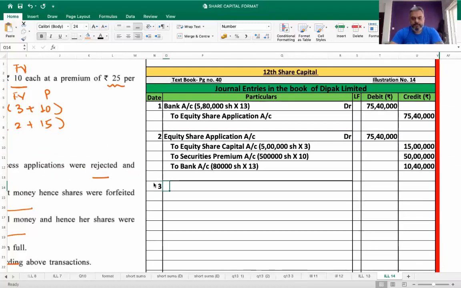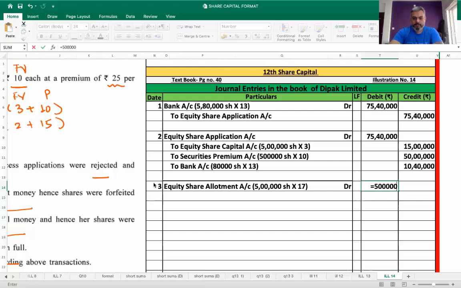Third, equity share allotment account. Now 5 lakh shares into rupees 17 per share is what we called on allotment. 85 lakh to equity share capital account, 5 lakh shares into face value, which is 2.